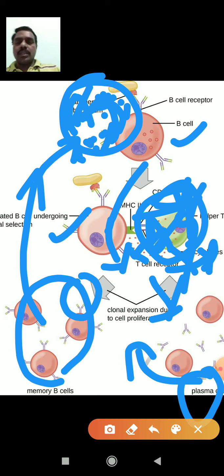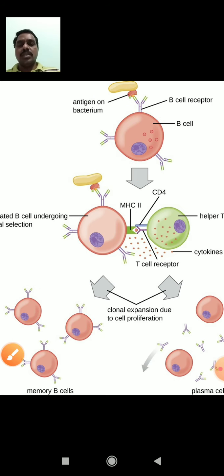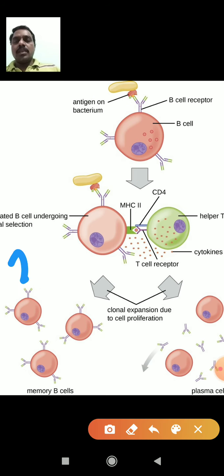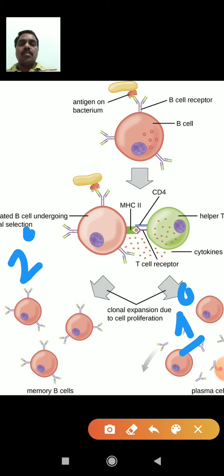This is called secondary immunity, but the immunity by the plasma cells is primary immunity. This is very important. Primary immunity is for the first entry of the antigen. Secondary immunity is for the second entry of the antigens, by the memory cells.